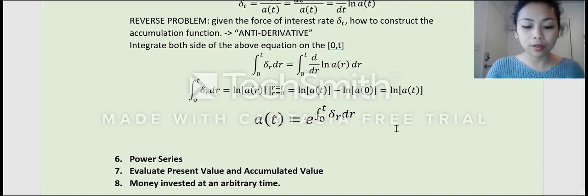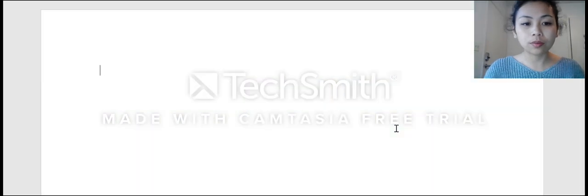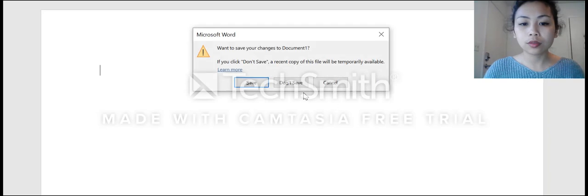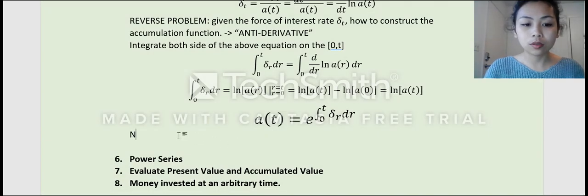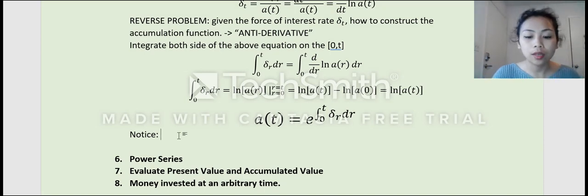And we have one more thing to notice. In case the force of interest rate is a constant, that means delta t is a constant number, let's say delta.